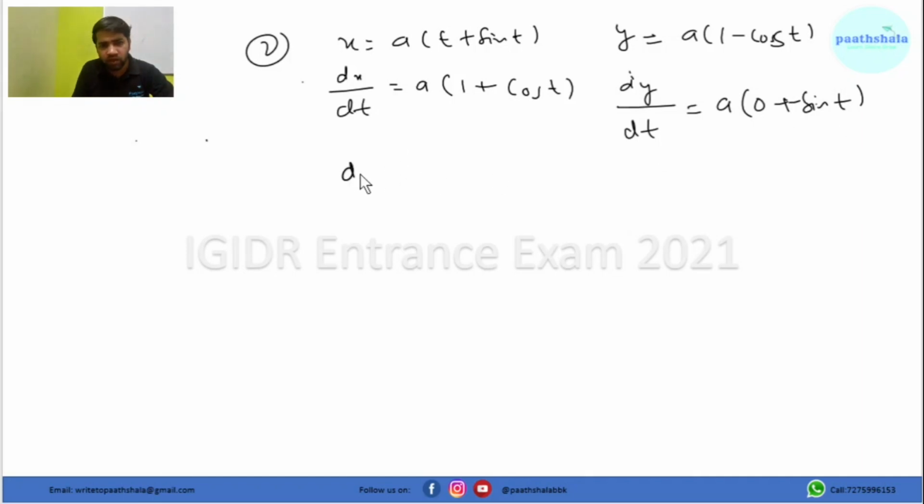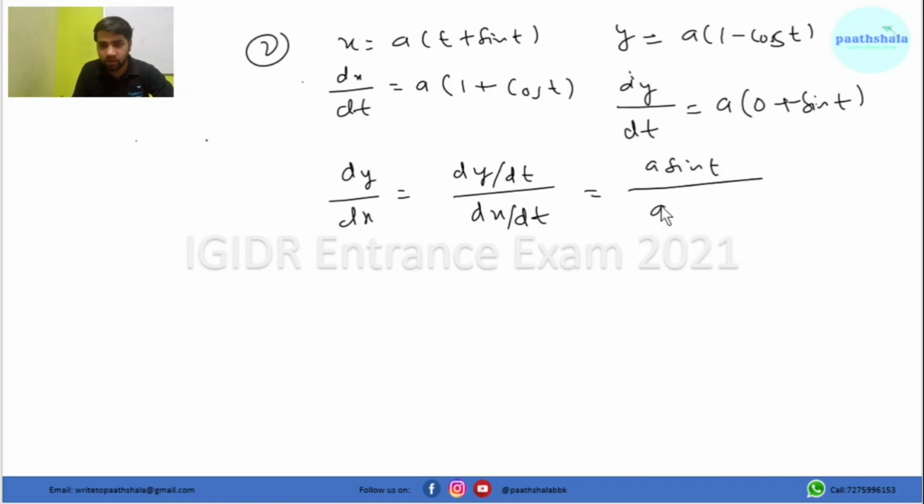Now dy by dx will come out to be dy by dt divided by dx by dt. Now put the values. So this is a sin t whole upon a(1 plus cos t). Here a and a get eliminated. Now use the half angle formula.